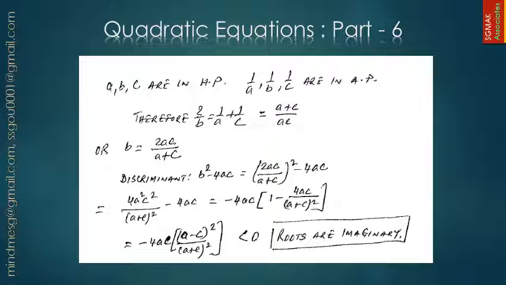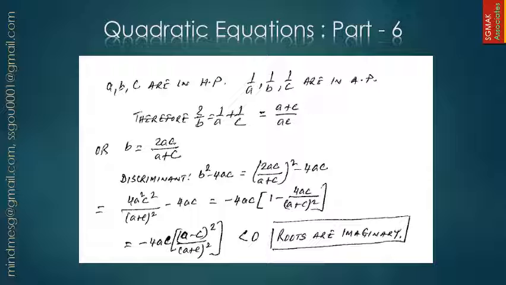So if a, b, and c are in harmonic progression, then 1 over a, 1 over b, 1 over c are in arithmetic progression. So 2 over b is 1 over a plus 1 over c, or combining, 2 over b is a plus c divided by ac. So b is 2 times ac over a plus c. Now the discriminant of this equation is b squared minus 4ac.